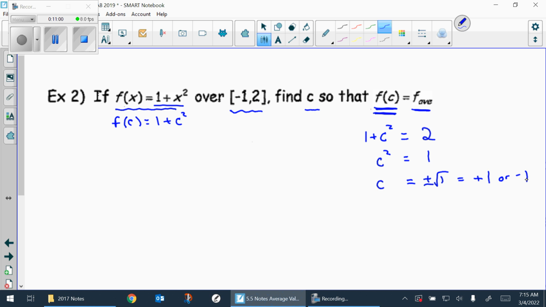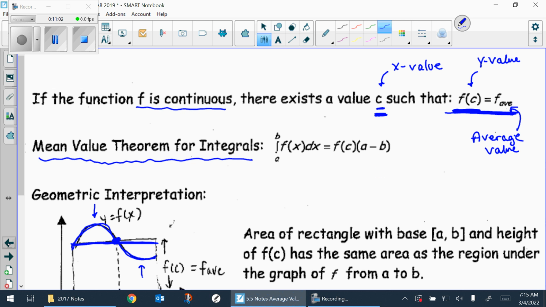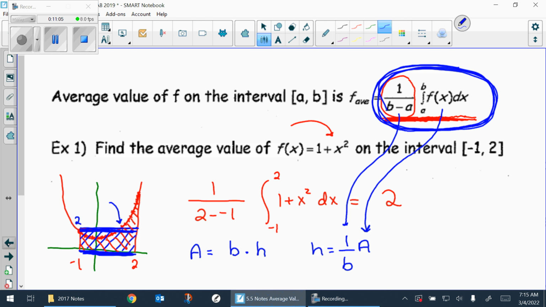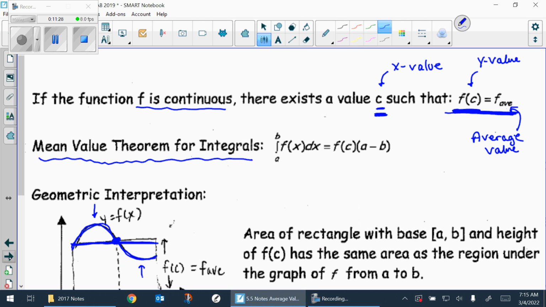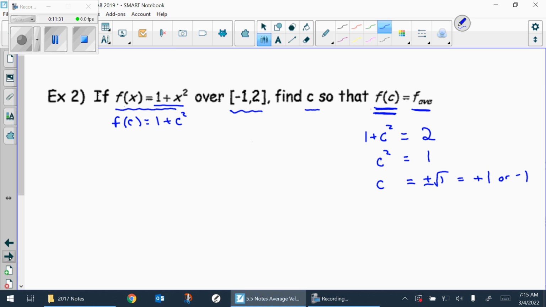If we go back and take a look, did it appear that this blue line right here actually did hit red when x was negative 1? And it's pretty believable that this x value right here was positive 1. So we have found the x value at which the average value occurs, and that is the mean value theorem for integrals.